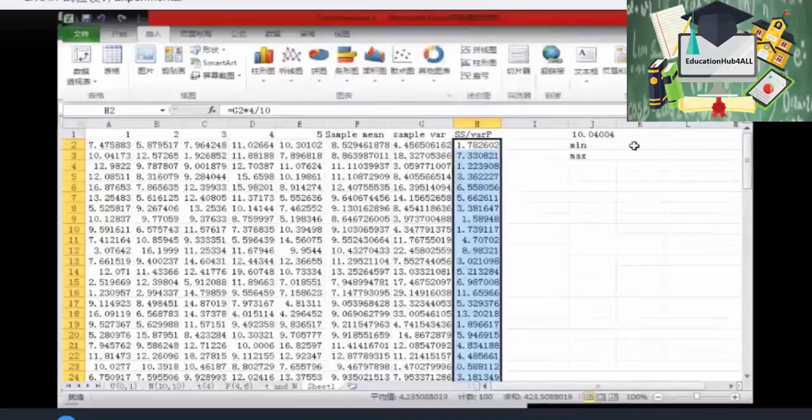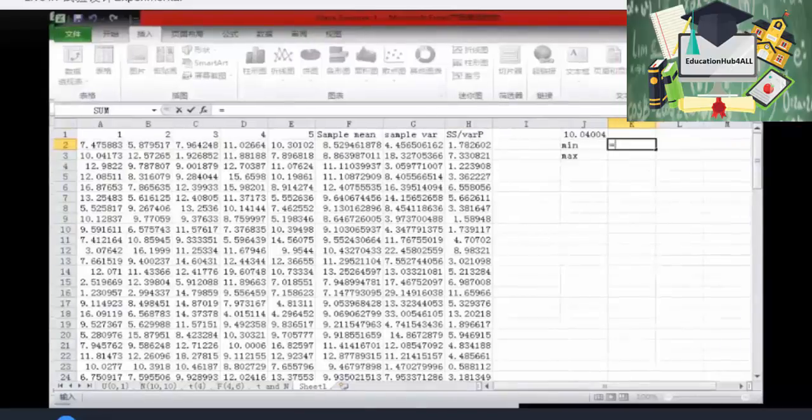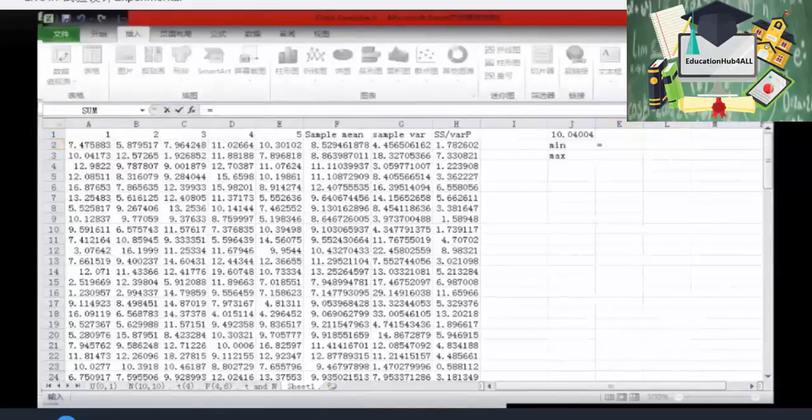Again, you find the minimum value. Now we want to draw a frequency distribution. What does the frequency distribution look like?